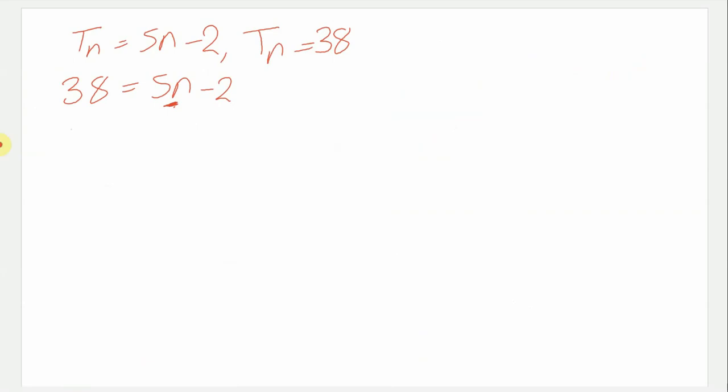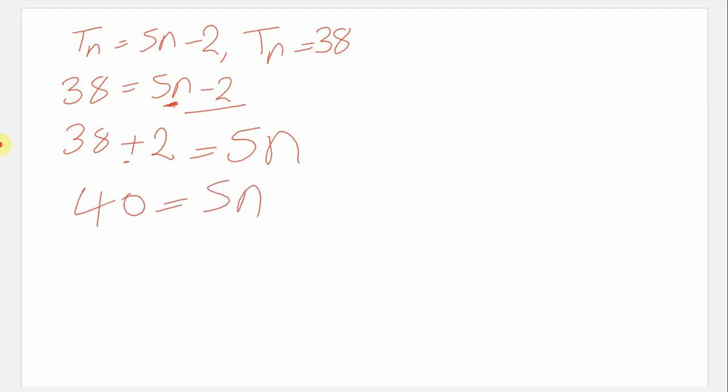So here you group like terms: plus 2, because as you can see you have negative 2, and when it goes to the other side of the equal sign it changes and becomes positive. Then you have 5n. 38 plus 2 is 40, which is 5n.